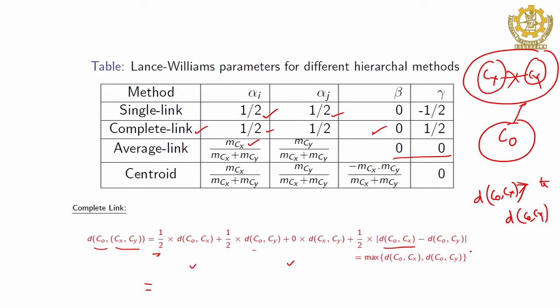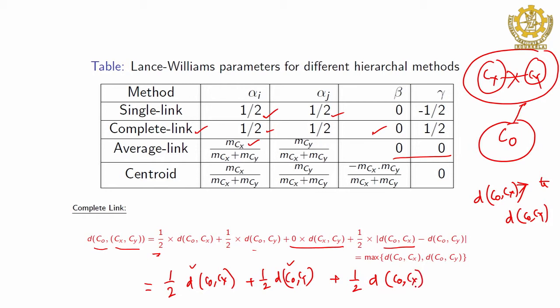If that is the case, then what can we do? We can write half of the distance C0 Cx plus half of the distance C0 Cy, this is 0, plus half the distance C0 Cx, this is greater than, and then we can write minus half of the distance C0 Cy.